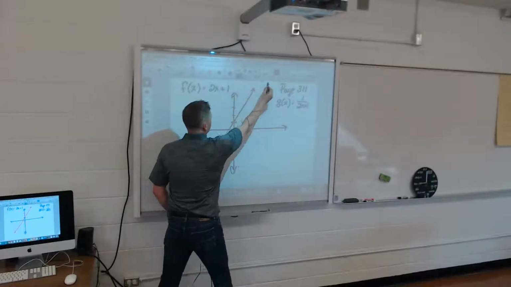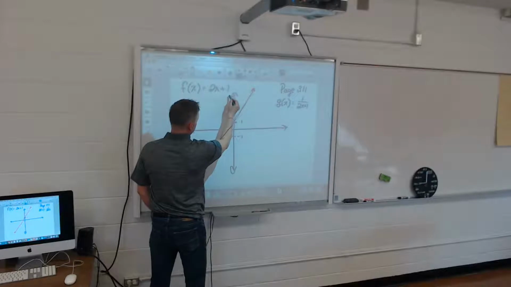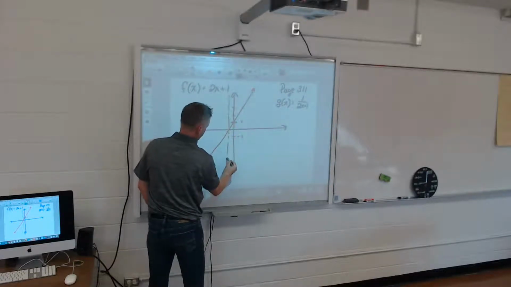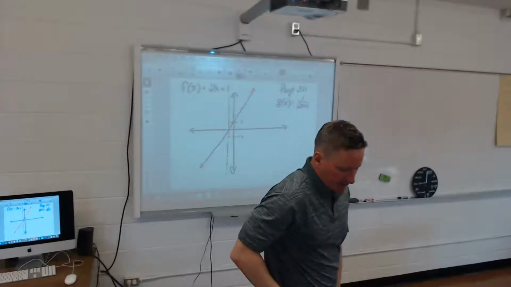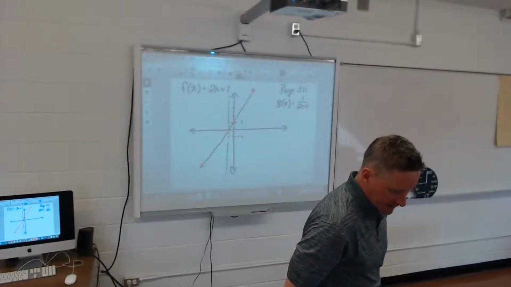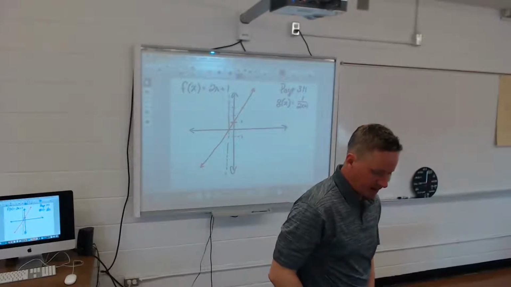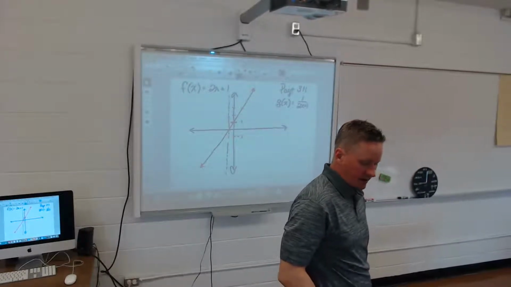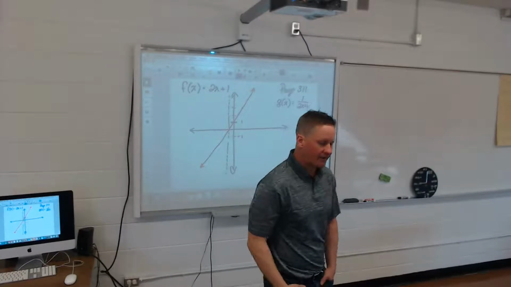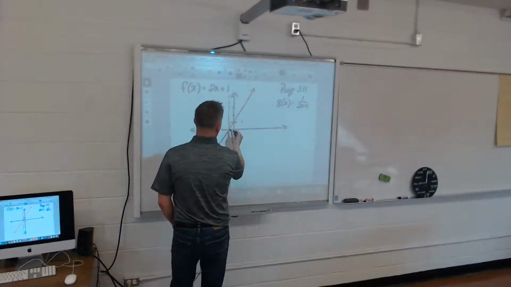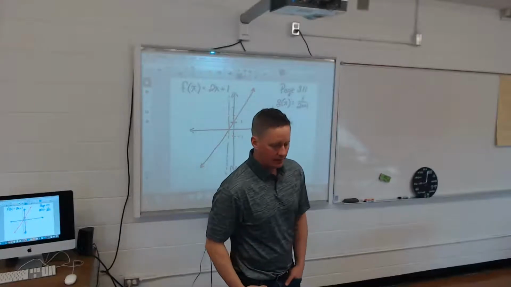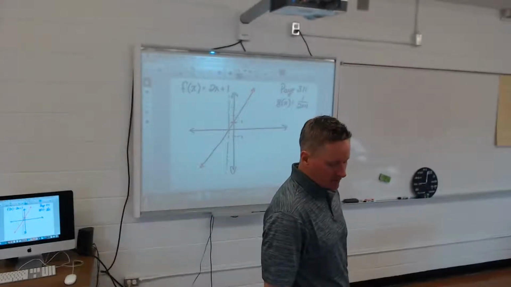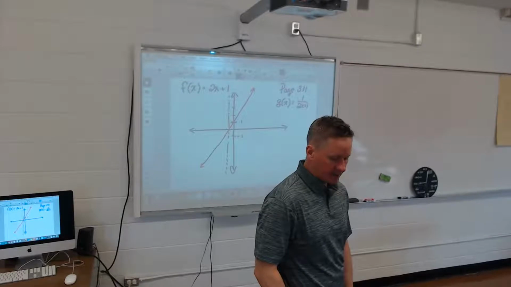So if you're filling in your box, it says the x-intercept for y equals 2x plus 1. That value will be negative 1/2 and 0. So right there, that's negative 1/2 and 0. All right. There's no asymptotes for the y equals 2x plus 1 graph.